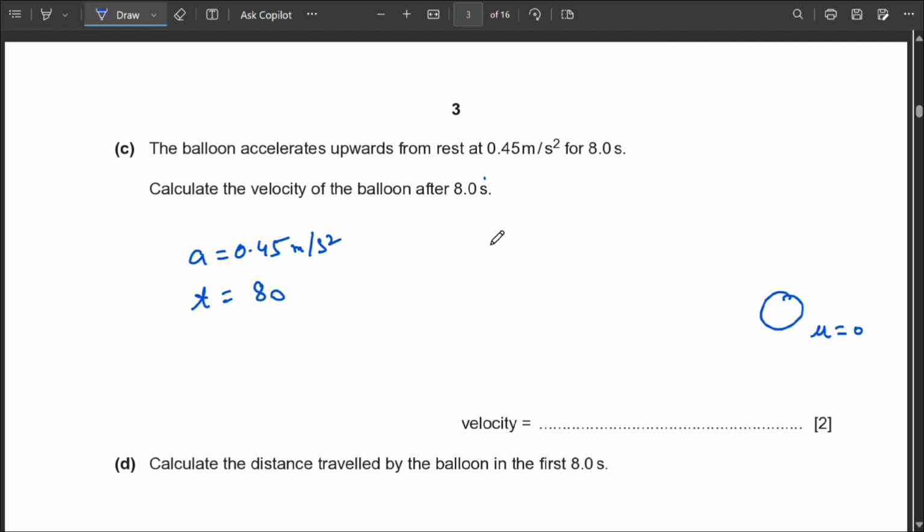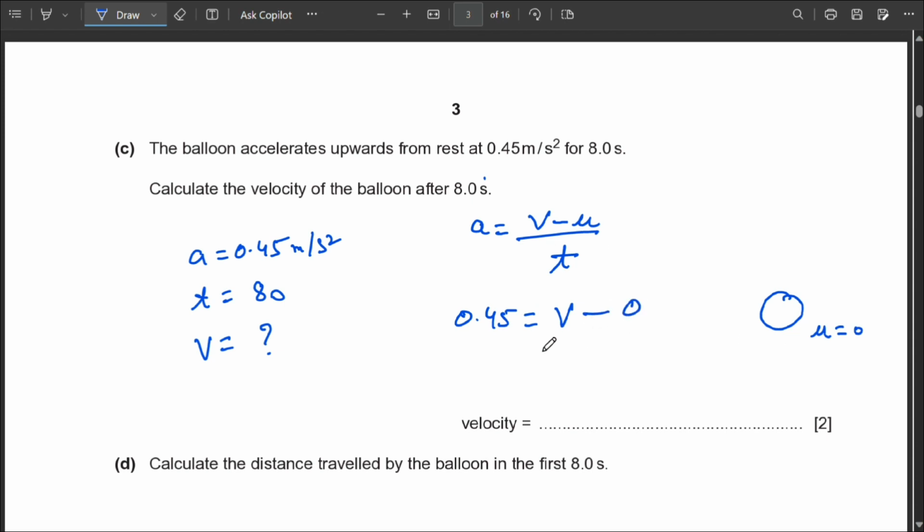So to calculate the velocity of the balloon means we have to calculate the final velocity. You know that by using the formula for the acceleration, a is equal to v minus u by t. So now substituting all the values, 0.45 equals v minus u.